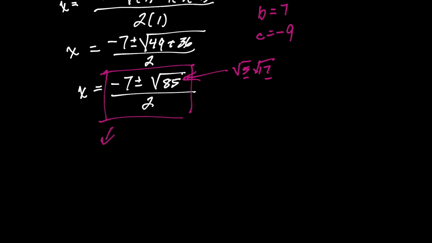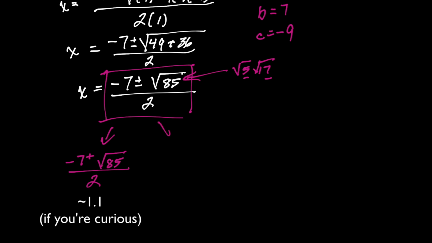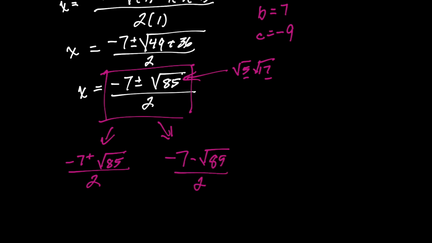Some people like to go negative 7 plus square root of 85 all over 2, and then they will get a decimal approximation, but you don't really have to do that. So negative 7 minus square root of 85 all over 2.